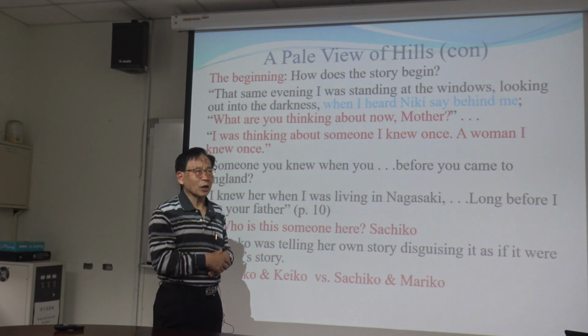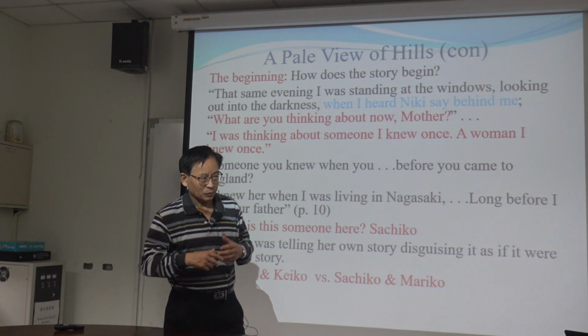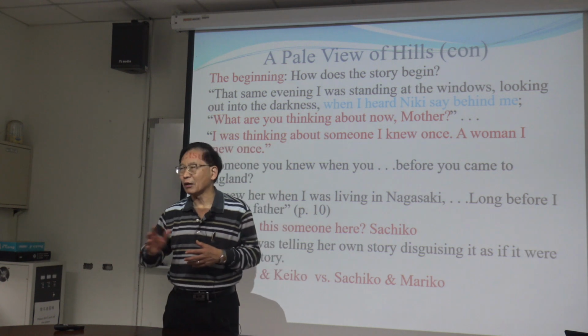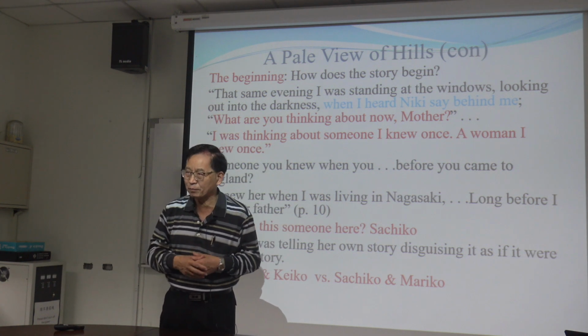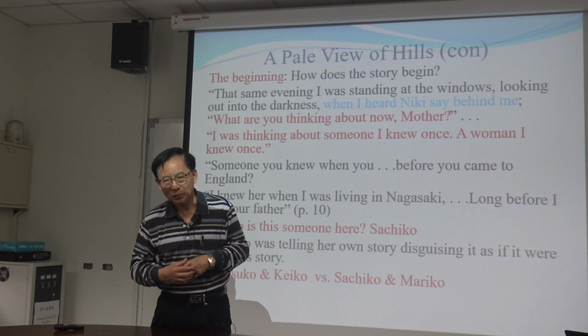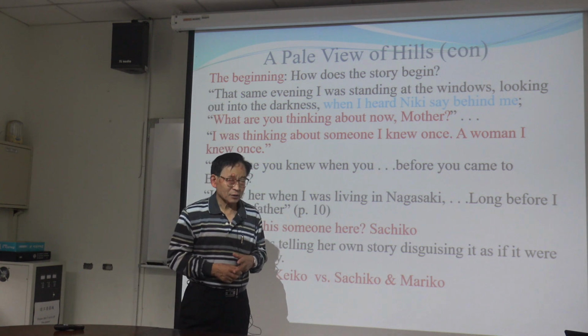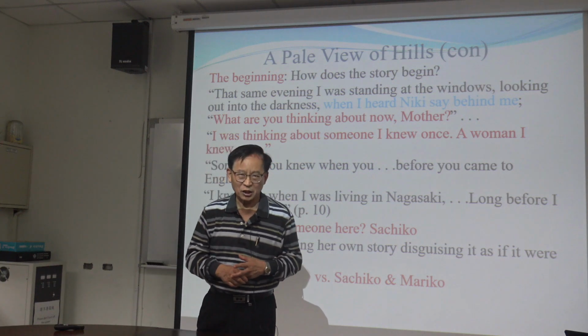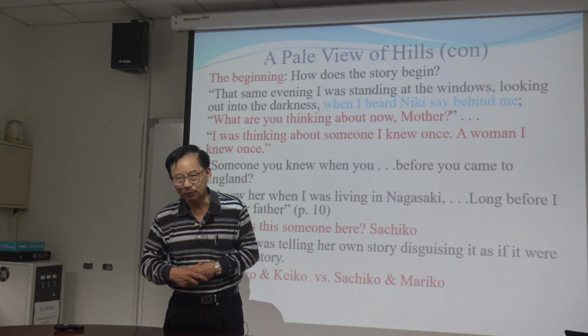So that's the reason why Keiko decided to move out, and she rented a house in a big city, Manchester. Manchester is now the second largest city after London, after the capital.